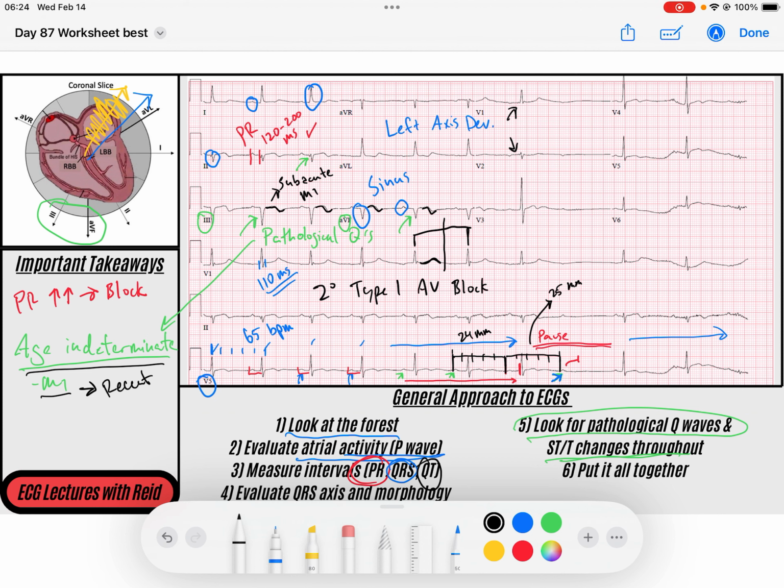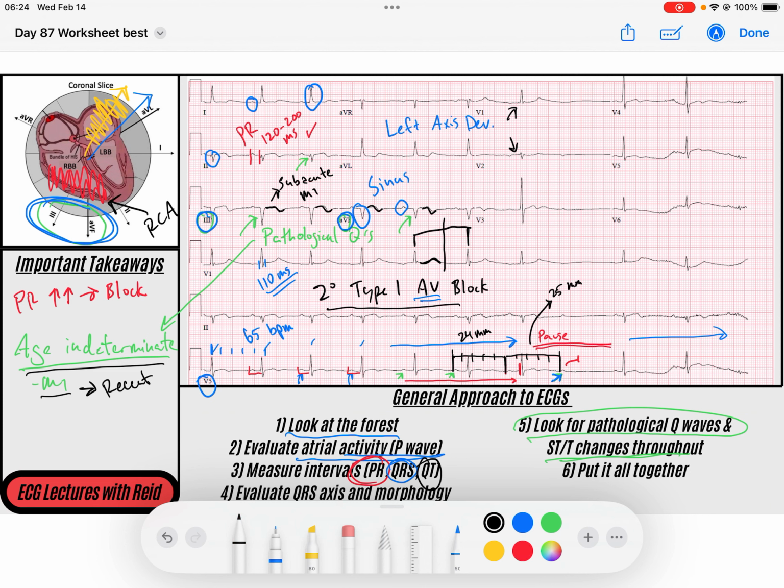We've got this second degree type 1 AV block. So the AV node, in this case, has some type of damage. And so do our inferior leads, right? Our inferior leads clearly have some ischemic changes. Now, I want you to remember that the inferior leads, especially leads 3 and AVF, represent this inferior territory, which is supplied by the right coronary artery.